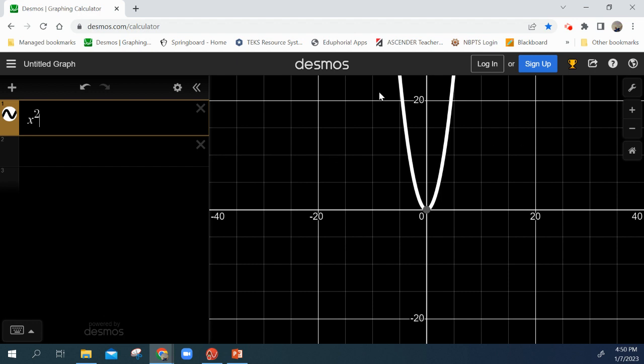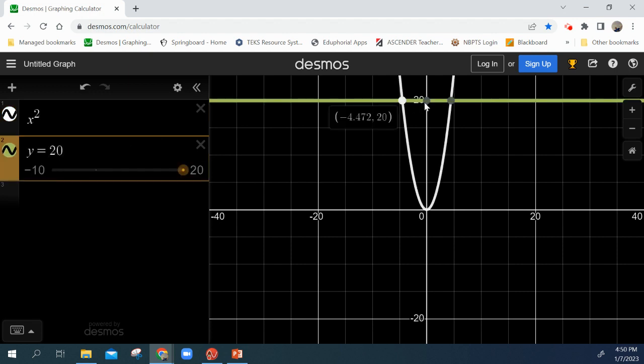But we see if we draw a horizontal line, so this line right here at y equals 20, for example, we see that it passes through the function more than once. So this horizontal line cuts it twice. That means that this function is not one to one.